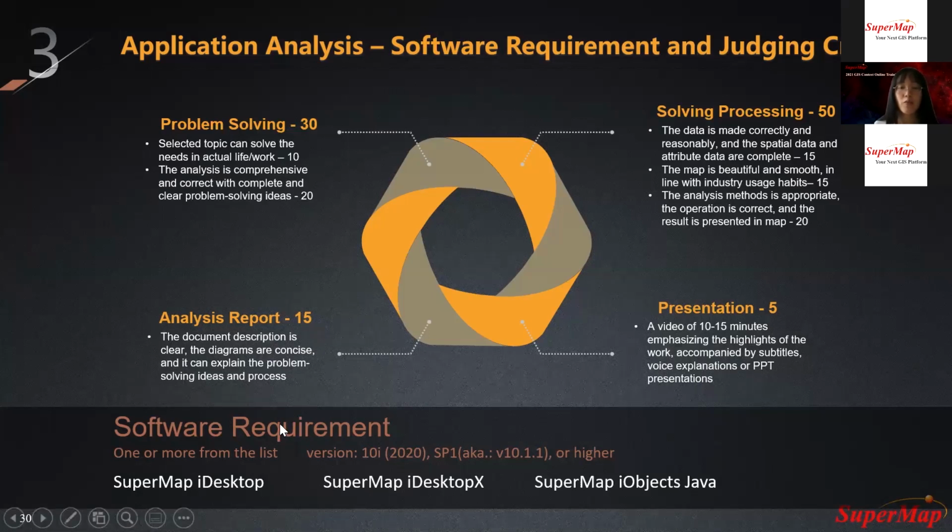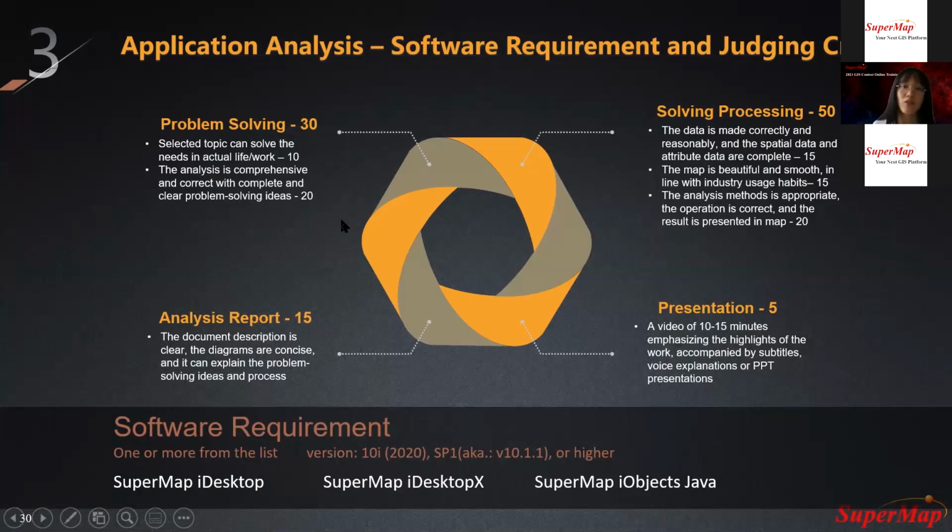And here is more software to use in this group. You can still use SuperMap iDesktop X, and also you can use SuperMap iObjects Java as well. And here is a way to earn extra points for your work.